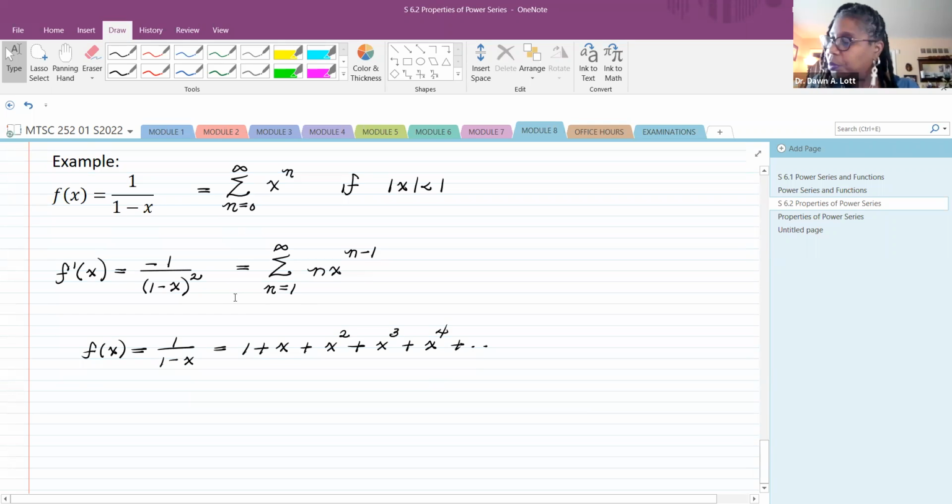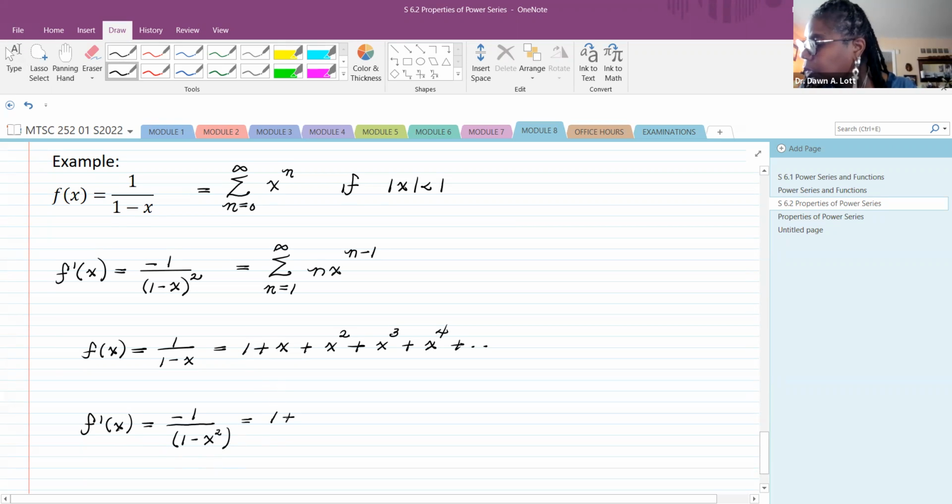And then this says to me that f prime of x equals 1 over 1 minus x squared. If I differentiate the 1, I get 0. I differentiate the x, I get 1. Differentiate the next, I get 2x.